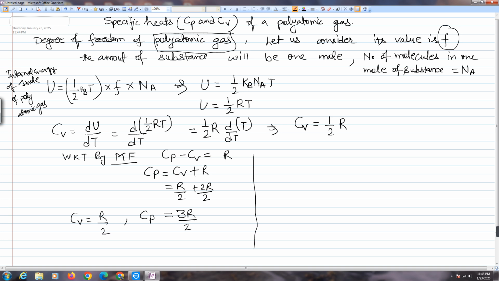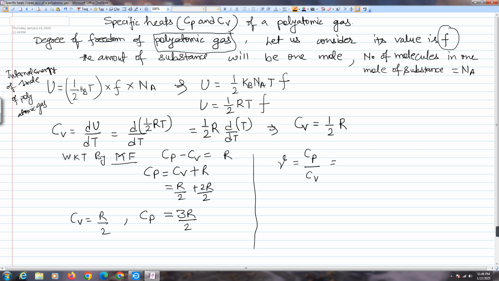So this is the value of Cp, and the value of Cv is R by 2. Now if we want to find the value of specific heat ratio gamma, that comes out Cp upon Cv. Oh my god, one more thing, the value of F, I forgot to write here.